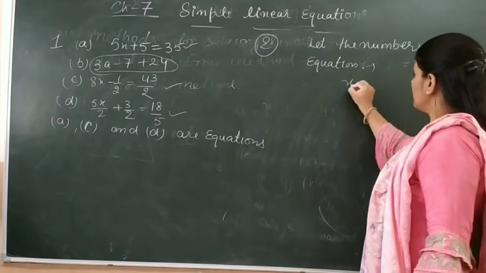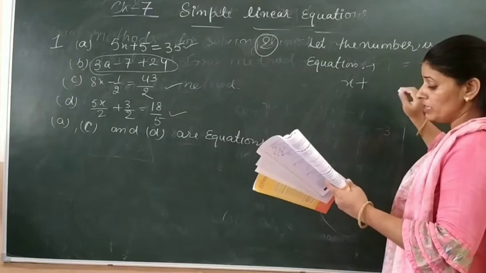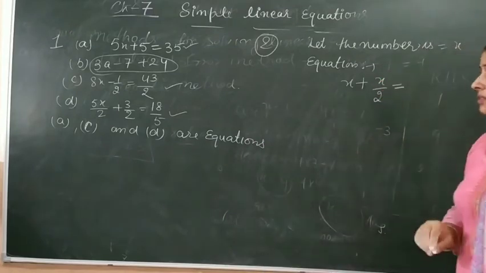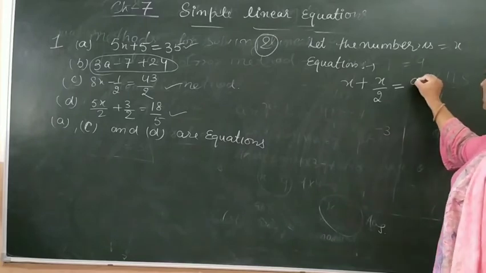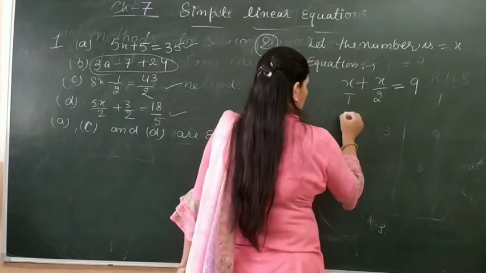a number is added. Means x is added to the half of itself. We will add it to its own half, then we get 9. Now solve this.